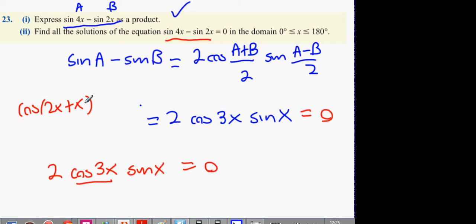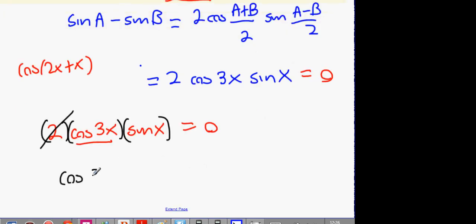It's going to make it bigger than it was. So, remember what this is. It's 2 multiplied by one number, multiplied by another number equals 0. So what does that mean? It means that I can cross off the 2, and it means two things. It means cos 3x equals 0, or it means sin x equals 0.